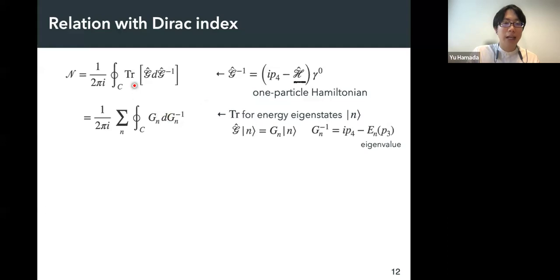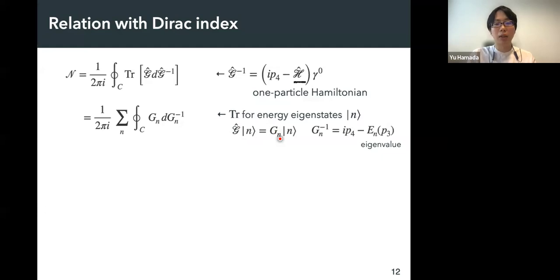Then let's take this trace, which acts on the functional space, and by inserting the energy eigenstates, bra n and ket n, we can rewrite the trace as a summation over the mode n. And here the z hat acts on ket n, and let's define this as z_n. This is just a C number.